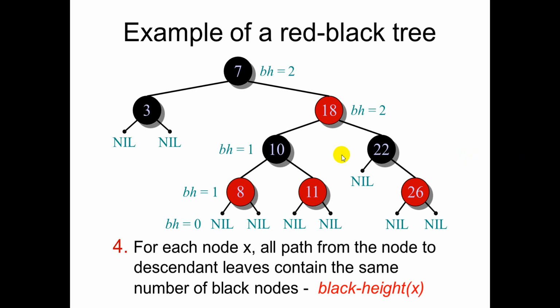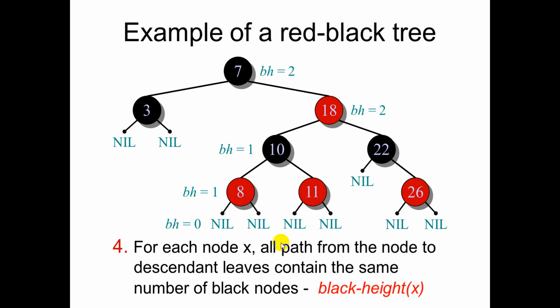What I wanted to tell you is that the number of black nodes in a path is called the black height.